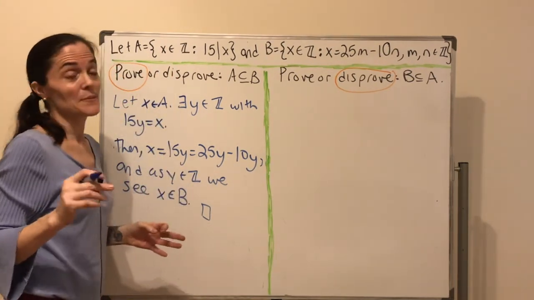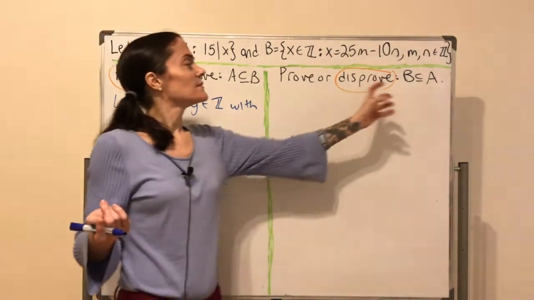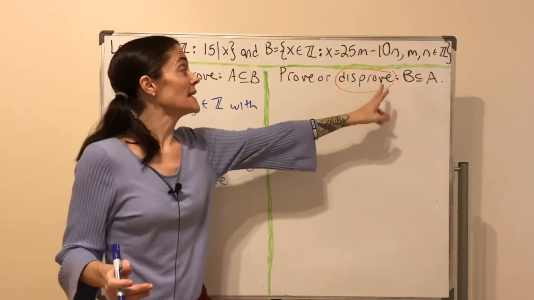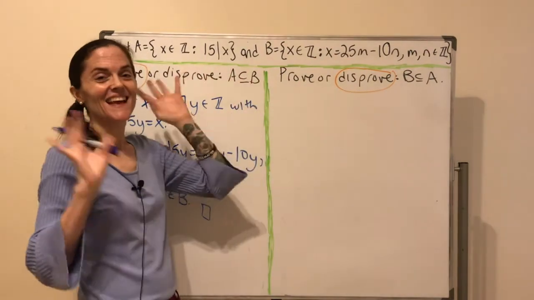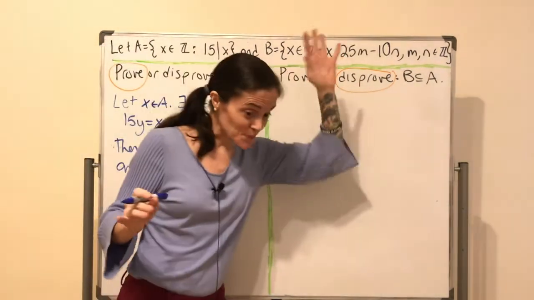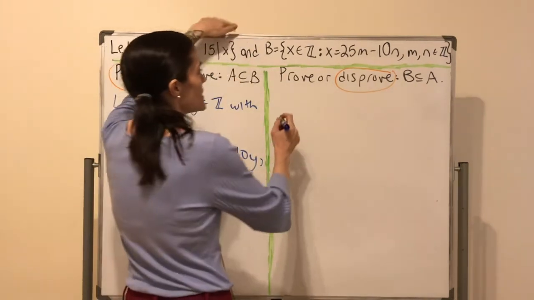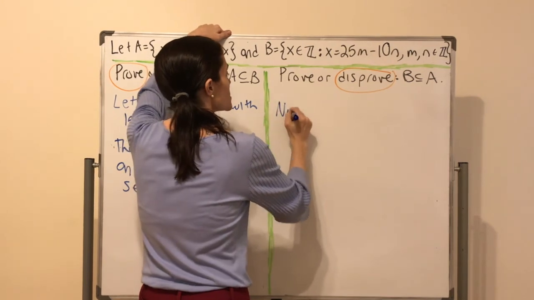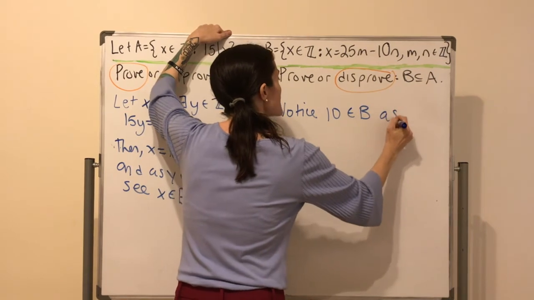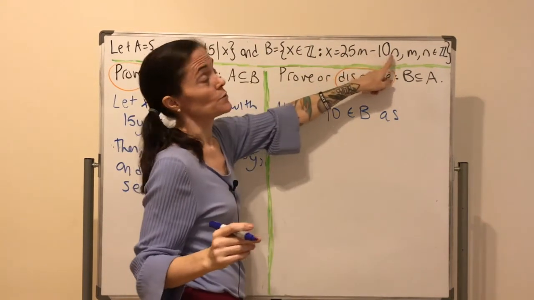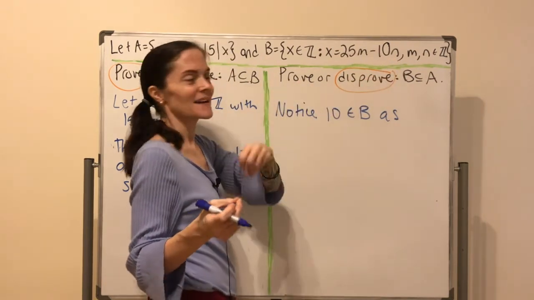Now, I mentioned B is not a subset of A. How do you prove this is not the case? Well, I need to find one element in B that is not in A. This is how you disprove that B is a subset of A. Okay, so I'll just make this observation. Notice 10 is in B as, well, I need to generate 2 integers, m and n, such that 10 is 25m minus 10n.